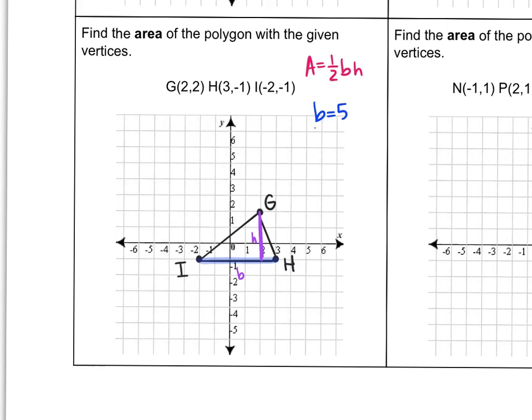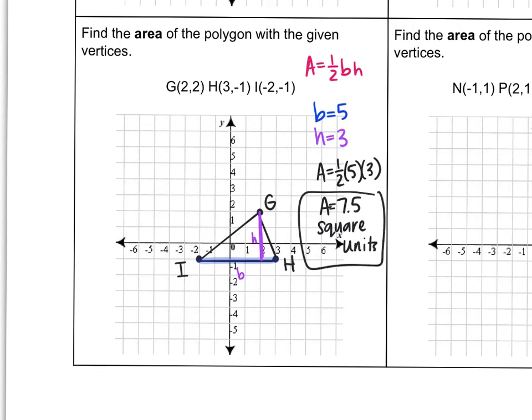My height, I can count my height, should be 1, 2, 3. So my area will be 1/2 times 5 times 3. 5 times 3 is 15. Half of 15 is 7.5. So this is 7.5 square units.